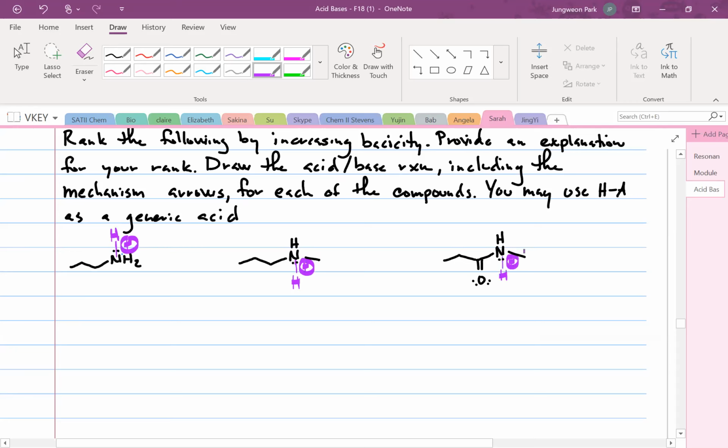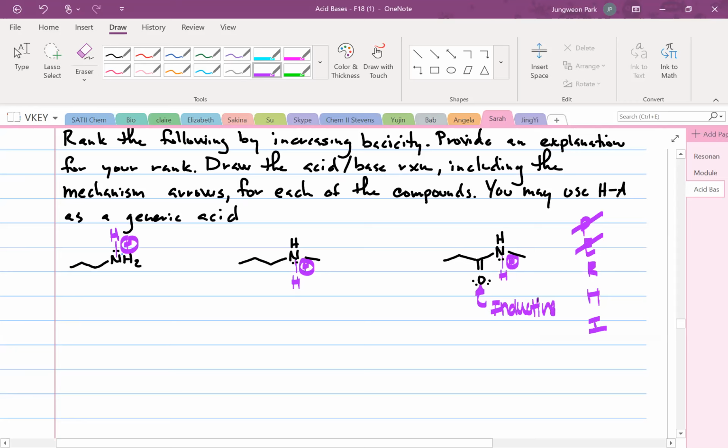But there's one that has inductive effect. The third one. Yes. The oxygen is pulling that electron. The oxygen is electronegative, so this is going to give you inductive effect.